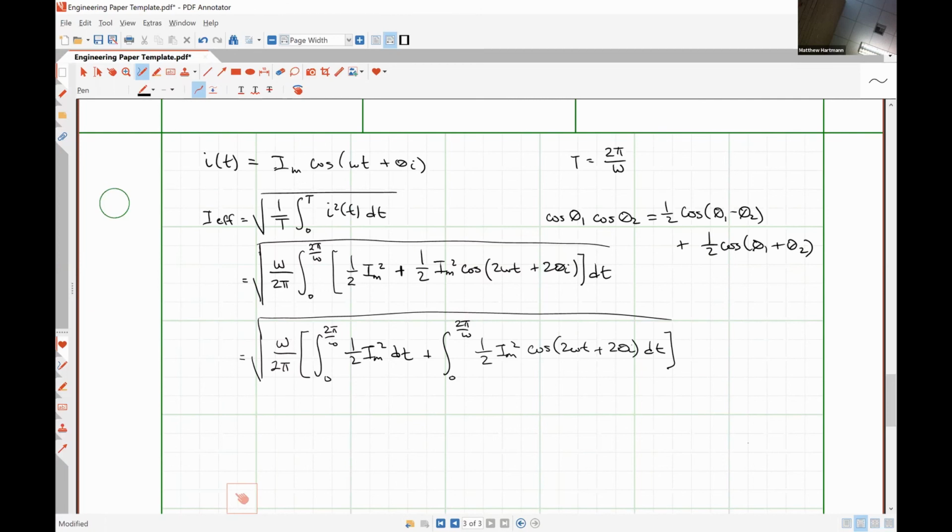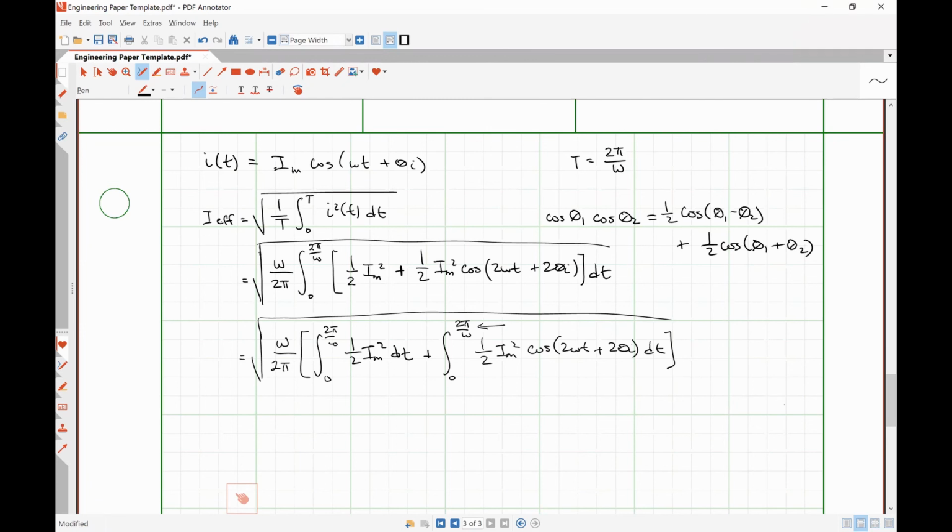Because our period of 2 pi over omega is what we have when we have an angular frequency of omega. So if we have an angular frequency of twice omega, this period represents 2 periods for the double frequency term. Does that make sense?